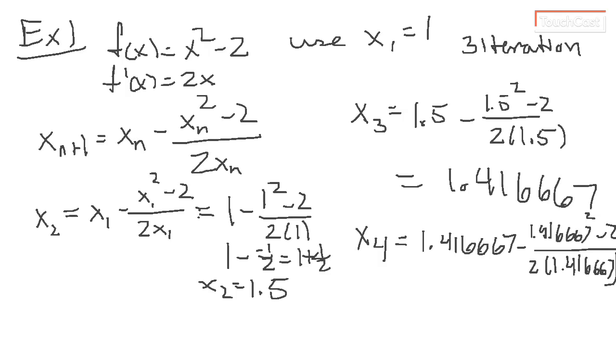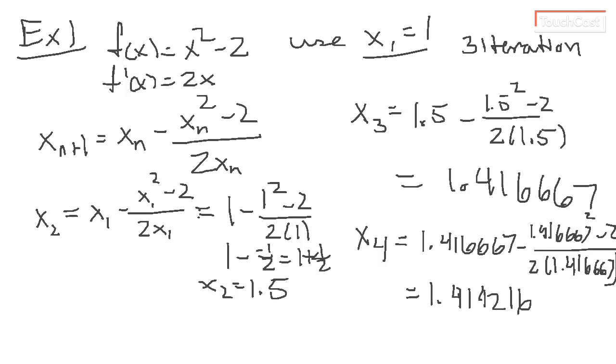Again, I would just plug that into my calculator. From my calculator, I get that to be about 1.414216. So that means my third iteration, we've done this 3 times.